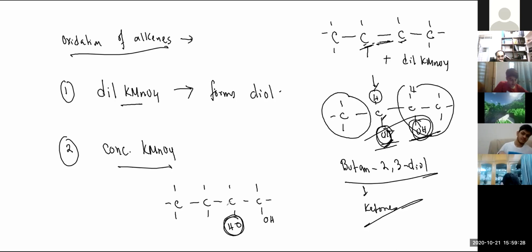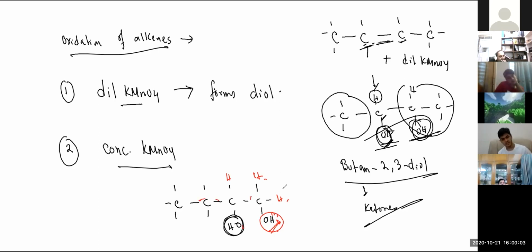The red one is what type of alcohol? Tertiary? No. How many H is it bonded to? This OH is linked to 1 R group and 2 hydrogens, so this is primary. This OH is linked to 1 hydrogen and 2 R groups, this is secondary.